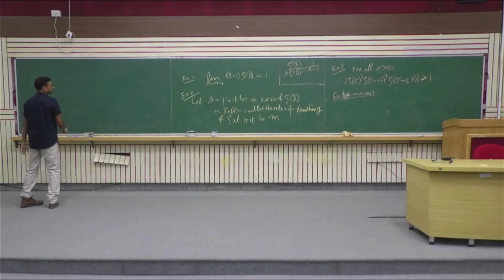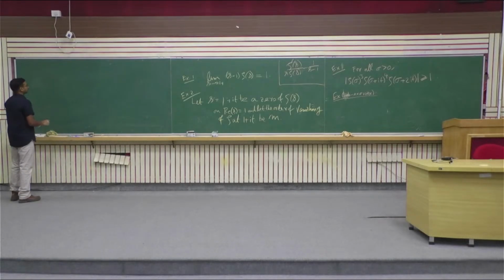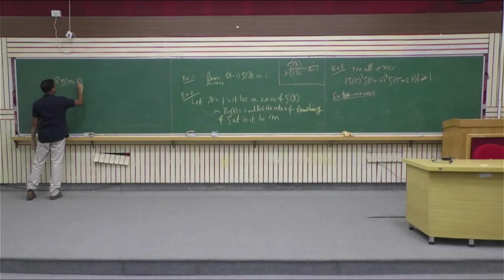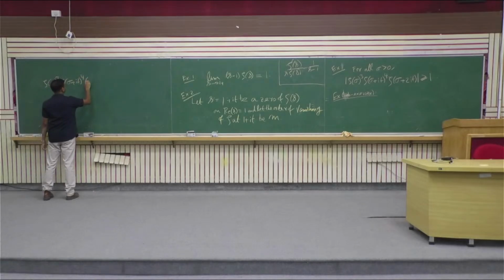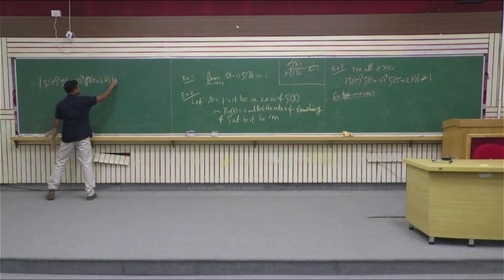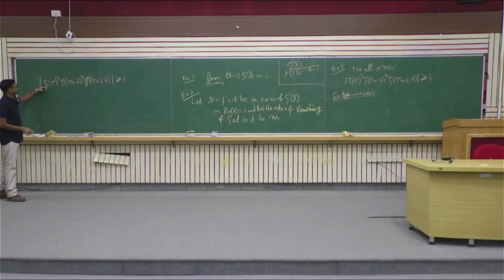Okay, so assume that, and then note that if this is larger than or equal to 1, we know that if we multiply this with sigma minus 1 whole cubed, take the limit as sigma goes to 1, this one goes to 1.